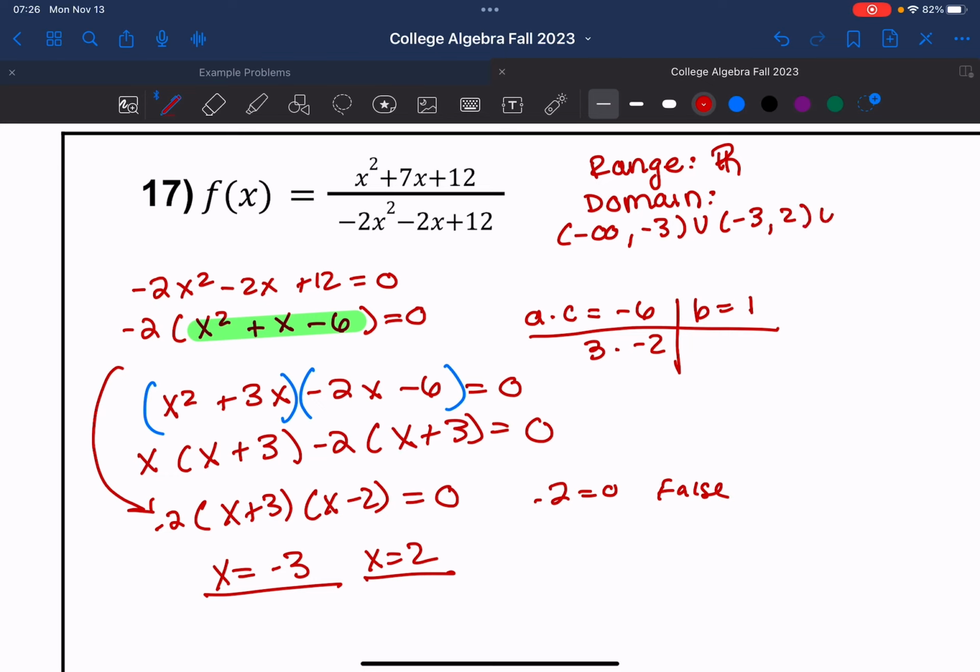Then I'm going to write a union and start with my last number again, which is 2, and I'm going to go all the way to infinity. So if you have two answers, your domain is going to have 3 parentheses. If you have one answer, your domain will have 2 parentheses. Because this domain tells us that it is including every number besides -3 and 2.